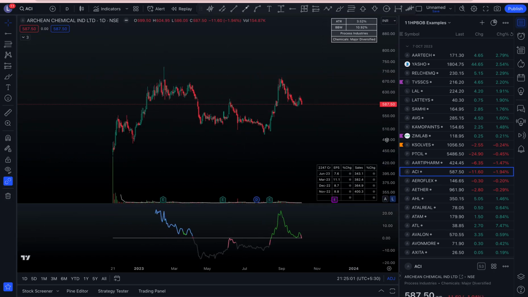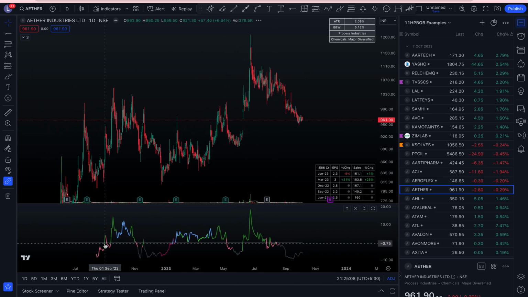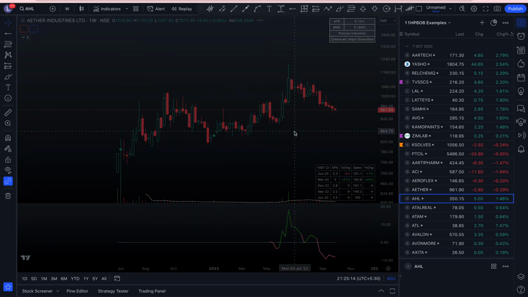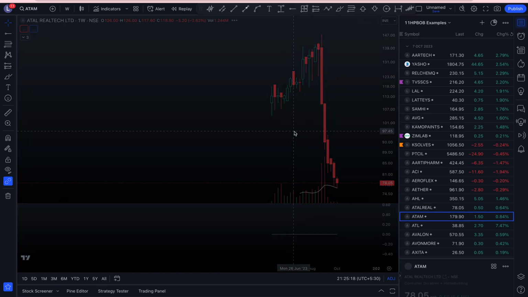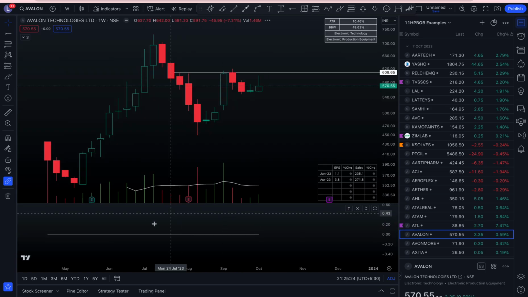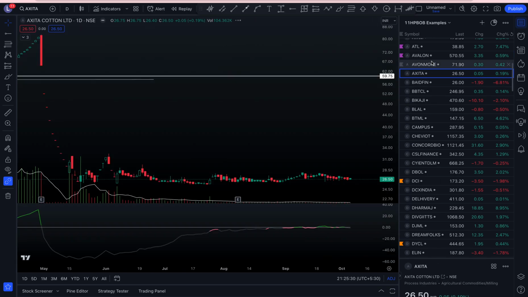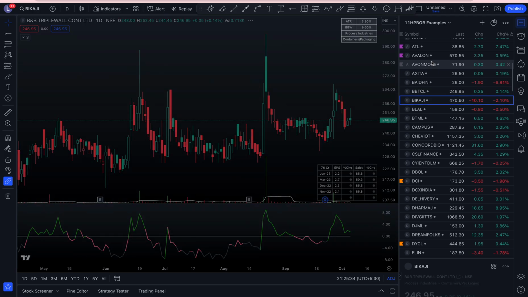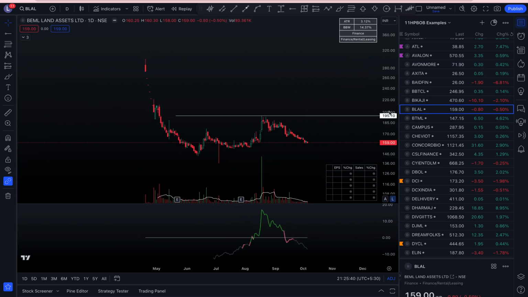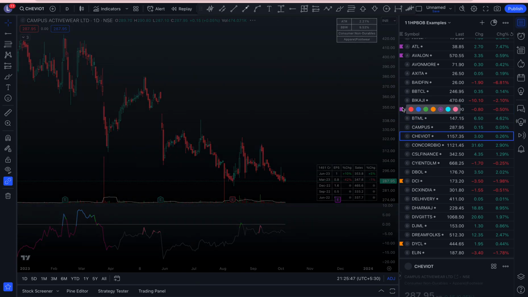Too many lines. Okay, this looks interesting, although this hasn't set up fully yet.